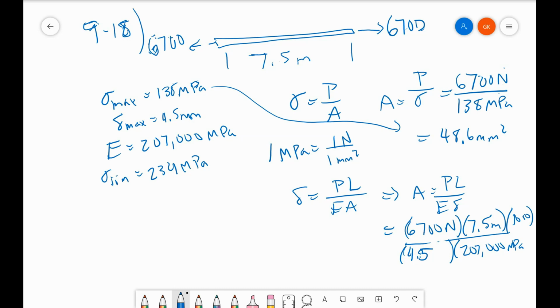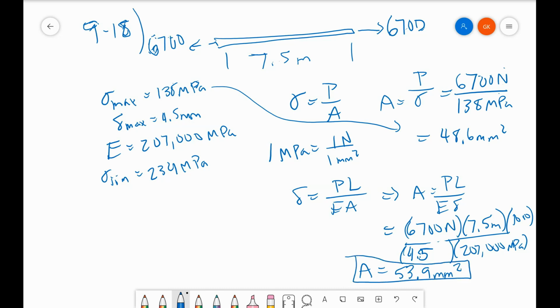There we go. And what I get is an area that's equal to 53.9 millimeters squared. Okay, so what this tells us is that this is my limiting condition right here.